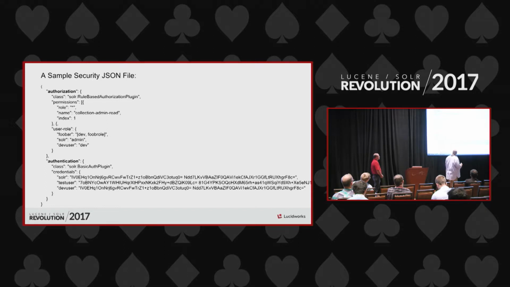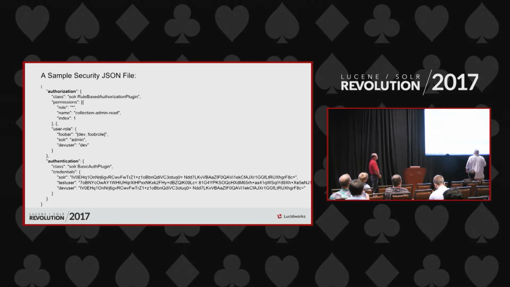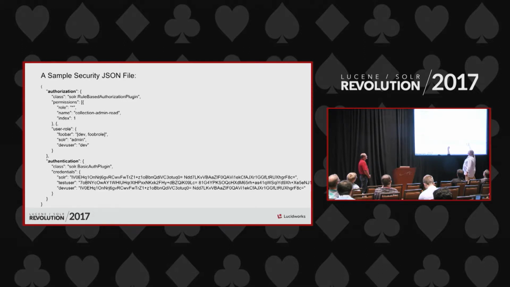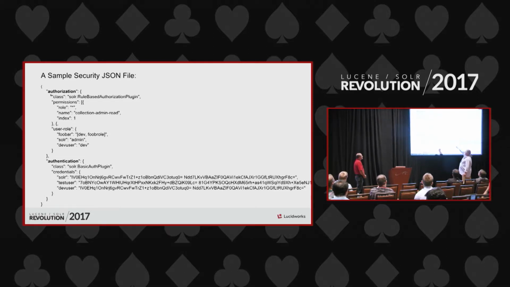Not the default, but this is one that I pulled a bunch of permissions out of till it would fit on the screen. But right there's our role-based plugin. So that's the class that's going to do the authorization, right? And that's the one that's going to do authentication right there, basic auth. And that's the one that's going to handle our permissions up there.